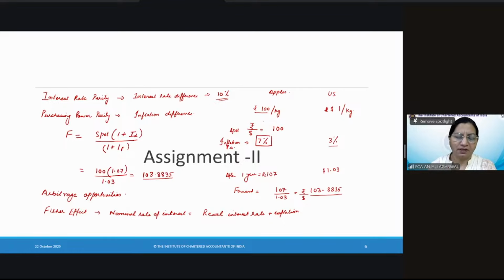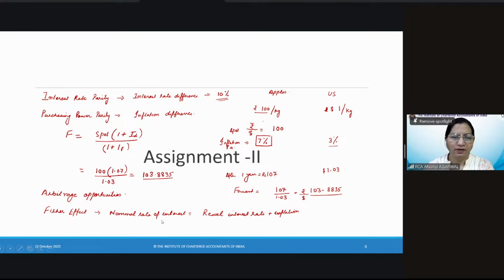So this is what we mean by Fisher effect. When you take the nominal rate of interest, it already encompasses both the interest rate fluctuation as well as the inflation. So if you calculate the forward rates using interest rate parity and use the nominal rate of interest, it will automatically capture some element of inflation in it.